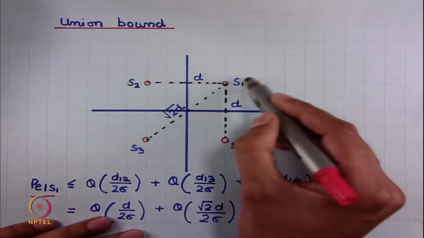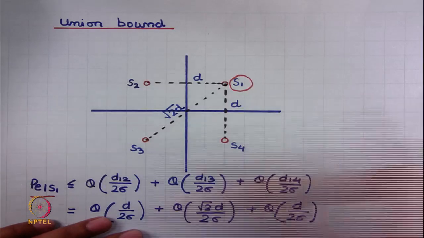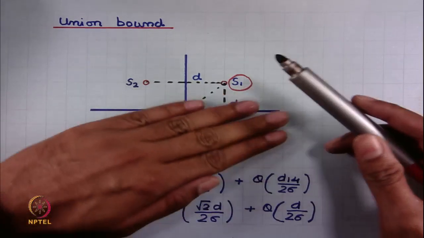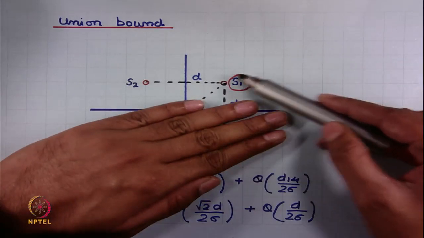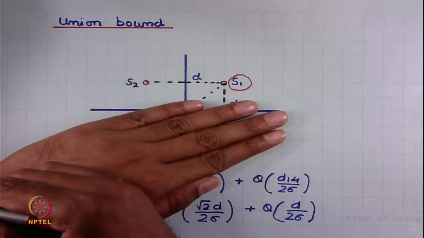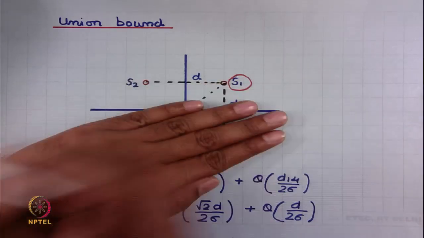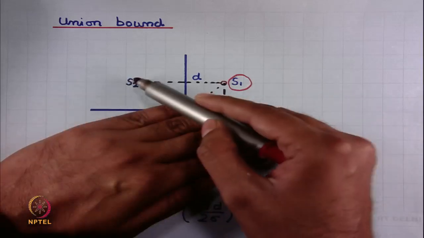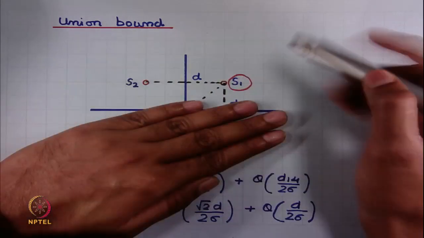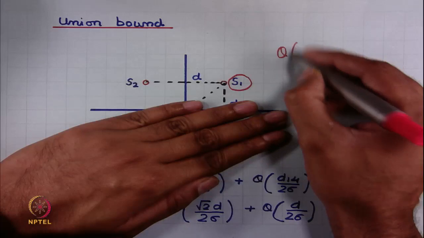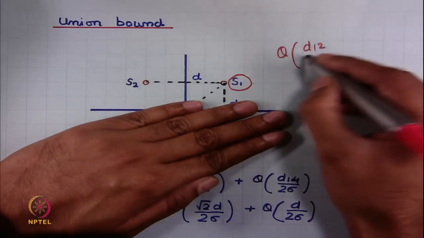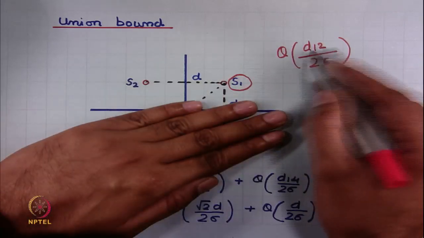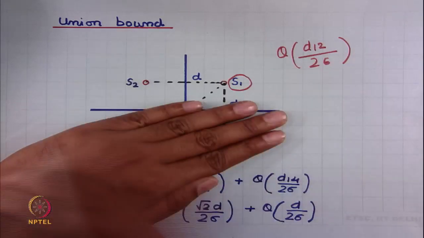So, to estimate this probability of error, you have to look at neighbors one by one. First you look at the neighbor S2 and you find out the probability of error due to this S2, and this probability of error is simply Q of d12 divided by 2 sigma, where d12 represents the distance between S1 and S2.